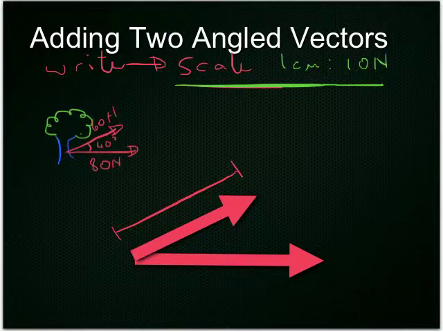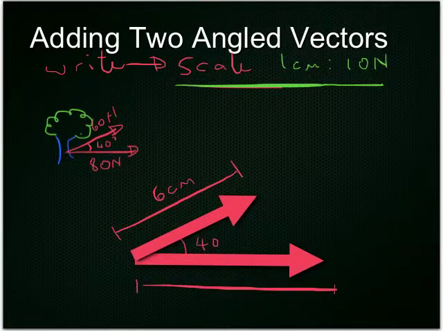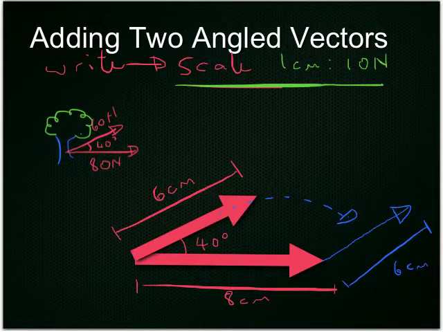In this case the length of this side is going to be 6 centimetres, and you'll draw this with a ruler, and then using a protractor, with this one being at 40 degrees, we'll make this one 8 centimetres. Now grabbing your ruler, you draw a vector at the start there, that is this one being moved to there. So this one is going to be 6 centimetres, and it's got to be the same angle, 40 degrees, that it had before.